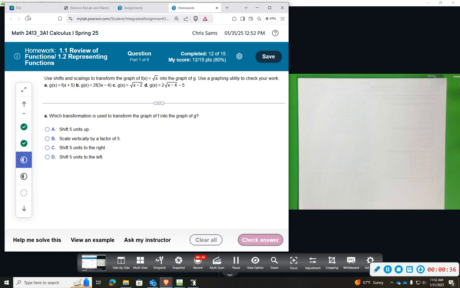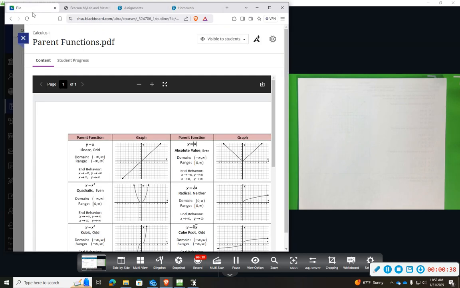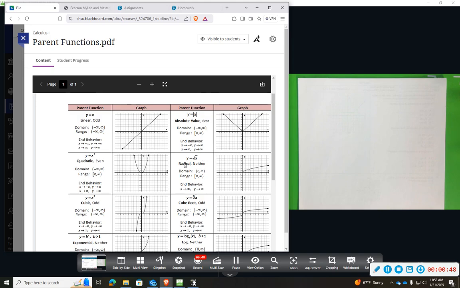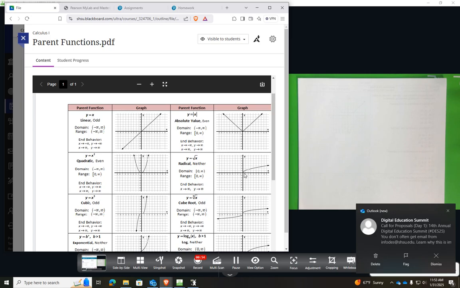One thing I do want to point out is, again, I have these graphics in our course. You do want to be familiar with what the shape of those graphs look like. The graph of x squared looks like half a parabola curving out, starting at the origin and going to the right.